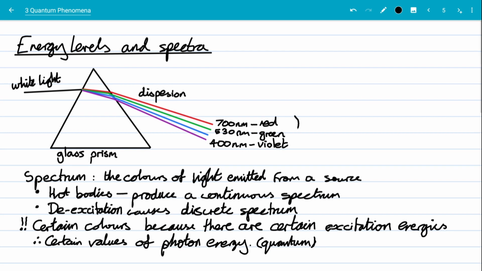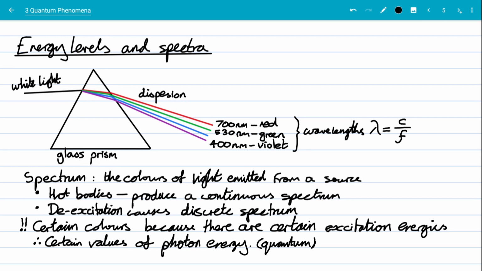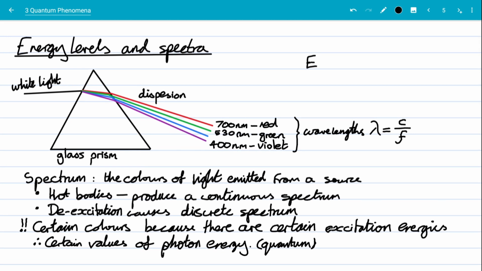Now, these are wavelengths, and we know the relationship between the wavelength and the frequency. The wavelength, lambda, is equal to the speed of light divided by the frequency. We also know that E is equal to hf for our photons, where E is the excitation energy, and we've covered that before.